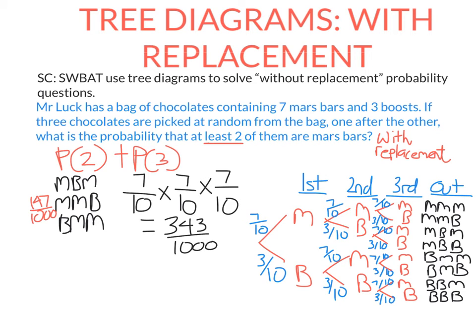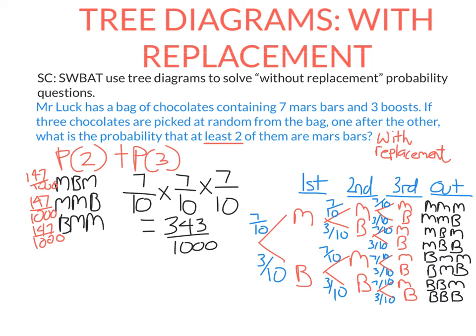Well, I can just follow that again. MBM, 7 over 10 times 3 over 10 times 7 over 10. That actually gives me the same answer. So what we should notice here is that all three of these give you the exact same answer. These three are actually equally likely to occur.